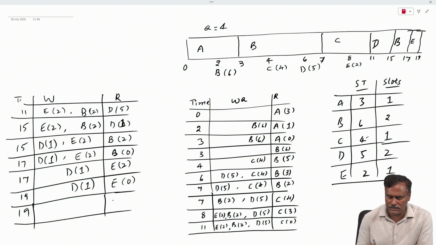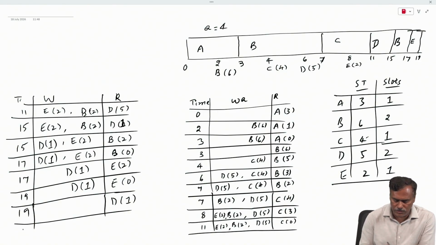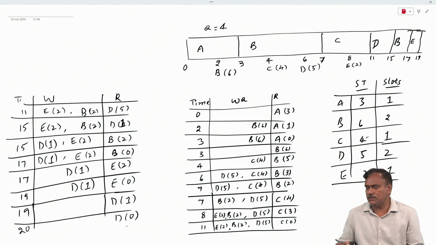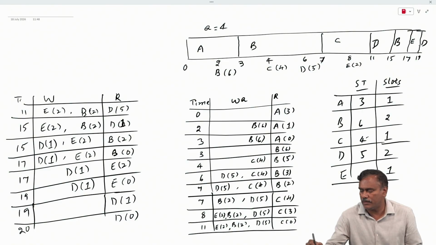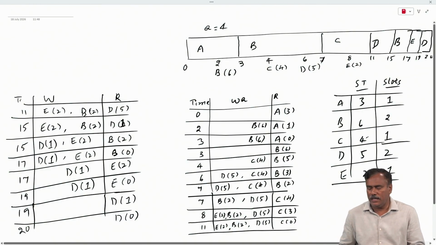Process D is waiting for its execution, and it needed just one more unit of time to finish. So this process D is going to get completed at the 20th interval of time. The remaining service time is only 1 unit, so from 19 to 20, process D itself will continue.